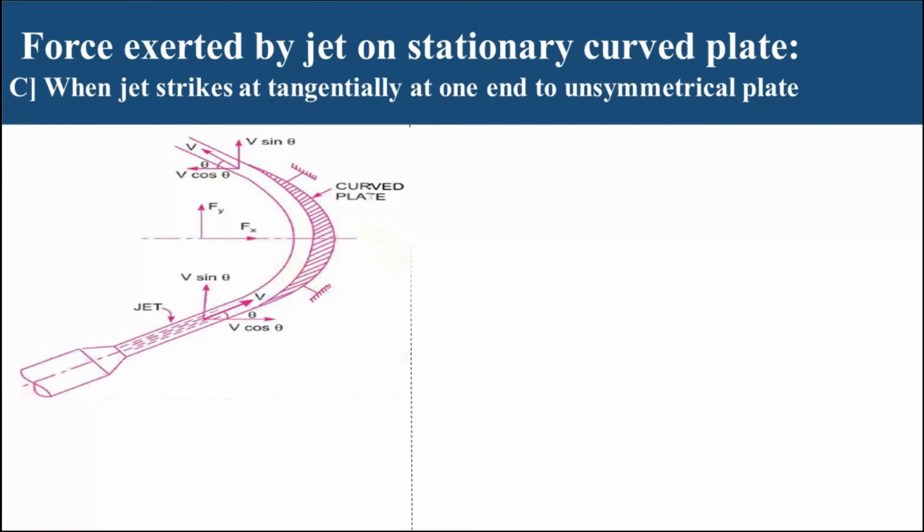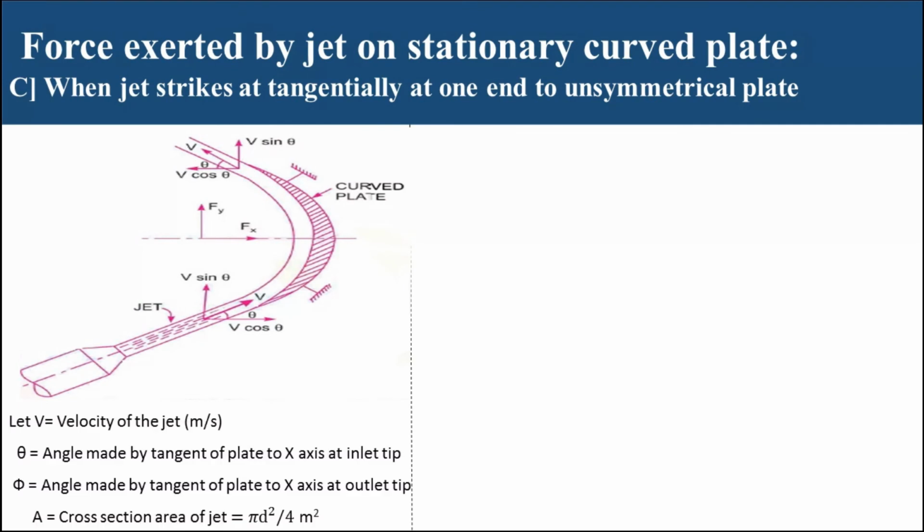So let v be the velocity of the jet, and theta the angle made by the jet with the x direction at the inlet tip. If you draw the tangent at the inlet tip, it makes an angle theta with the x-axis.